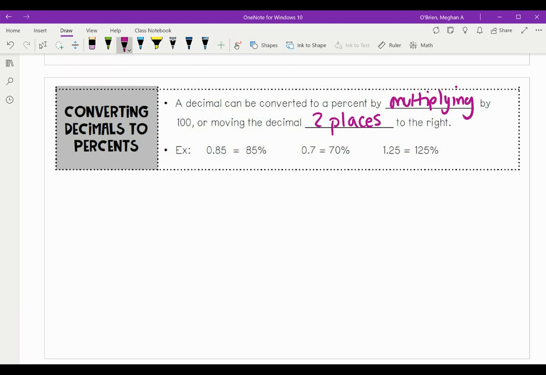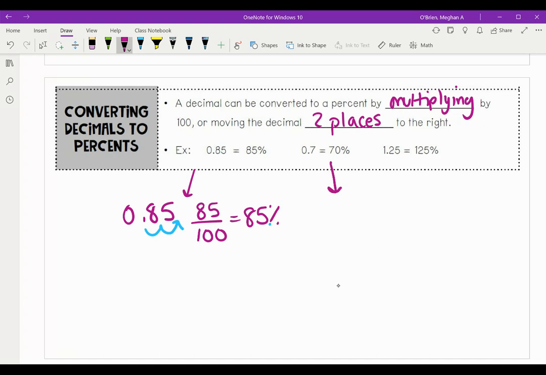So this example, I'm going to just make it larger. If I have a decimal, 85 100ths, you might even be picturing this in your mind. 85 100ths would be 85%. And the movement of the decimal, right, we're multiplying it by 100, and that's why it ends up as a whole number, 85%, even though percents aren't whole numbers.